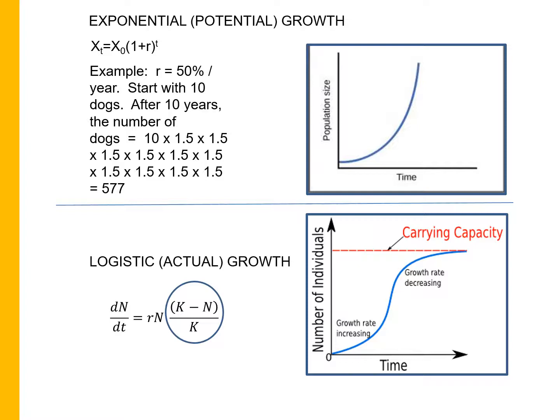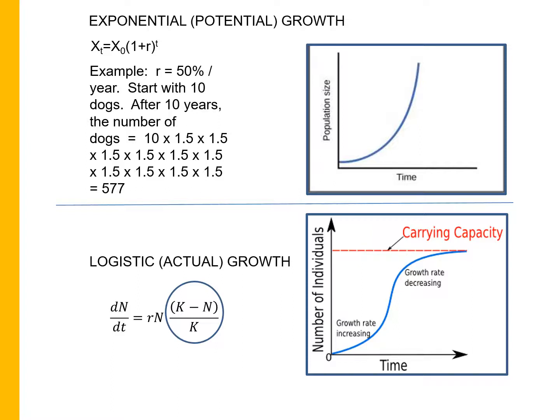After 10 years, if the dogs exhibit exponential growth, or in other words, their full potential growth rate, we will have those 10 original dogs in the equation that you see at the bottom of the top section, times 1.5, which is the 50% growth rate, added to the 1, which represents the dogs that you started out with, so 1.5, times 1.5, 1.5, 10 times to represent the 10 years. And if you do that math, you end up with 577.